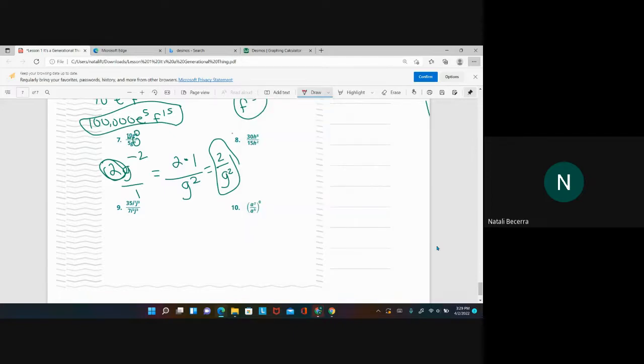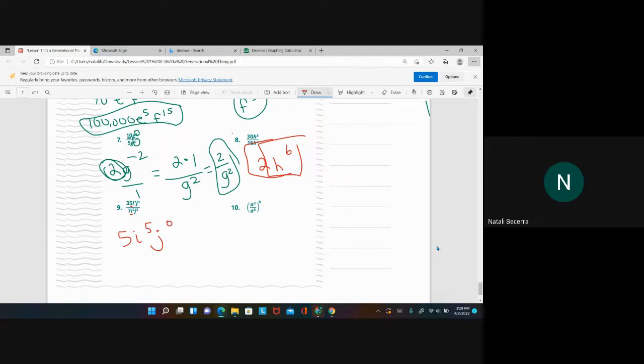Let's see. 30 divided by 15, that's 2. My base is H. 8 minus 2 is 6. So that whole thing is my answer. 35 divided by 7 is 5. Now right here you have two variables. It's the same thing. You do I with I, J with J. So I is 7 minus 2, which is 5. And then for J it's 3 minus 3, which is 0.